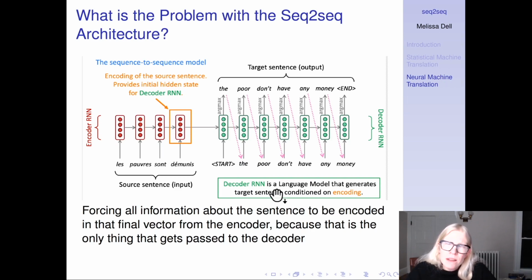And then you take the last hidden state from your encoder, and the decoder is conditioned on only that last hidden state. And so you are forcing all information about the sentence to be encoded in the final vector from the encoder, because that is the only thing that gets passed to the decoder. It's essentially creating an information bottleneck between the encoder and the decoder.